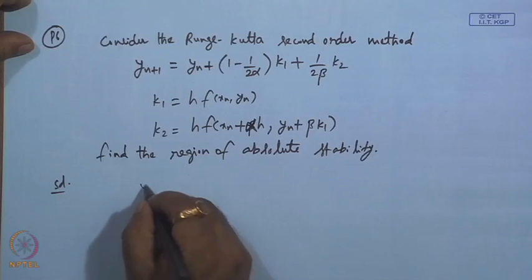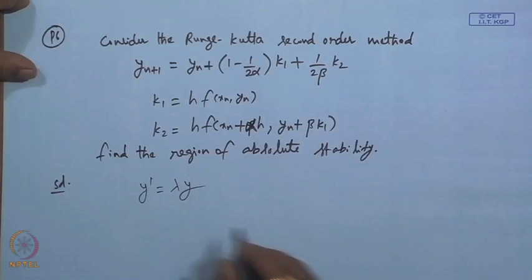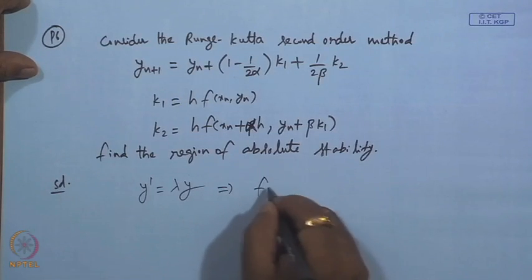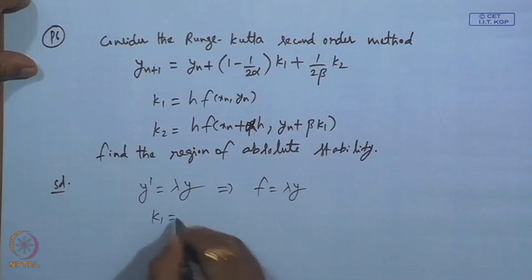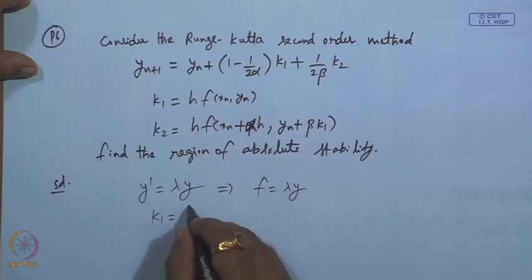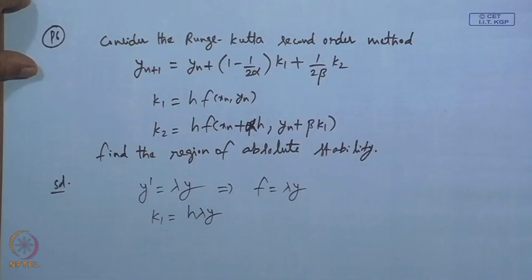So, now consider the reference equation y dashed equals lambda y. This implies this. So, k 1 is h lambda y n. Okay.